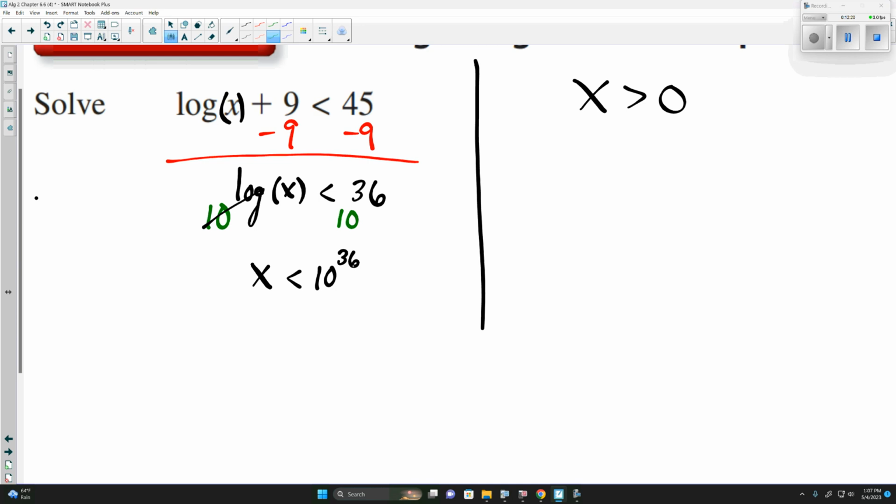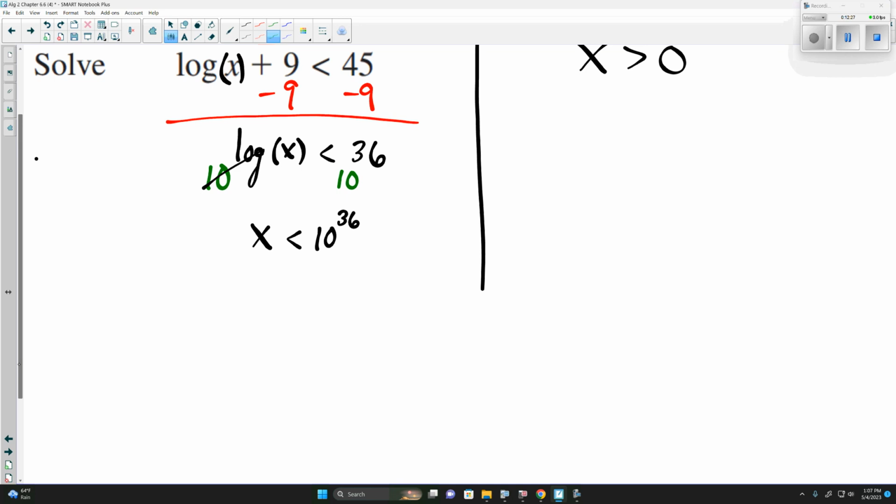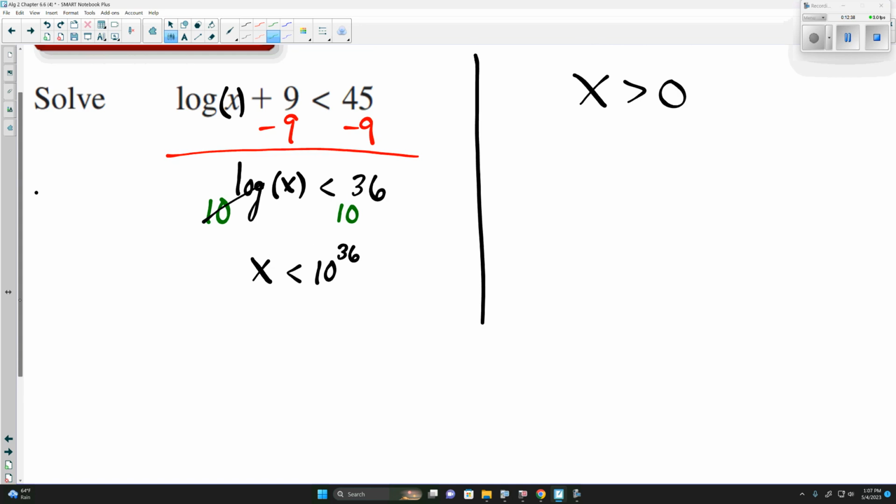With this here and on the homework, if the answer has more than 6 digits, leave it in exponential. Because here we're going to have 37 numbers, but 36 of them are 0. Now, is 0 less than 10 to the 36th? Yeah. So we have to include the fact that 0 is less than x is less than 10 to the 36th. And that's it. Questions on this here?